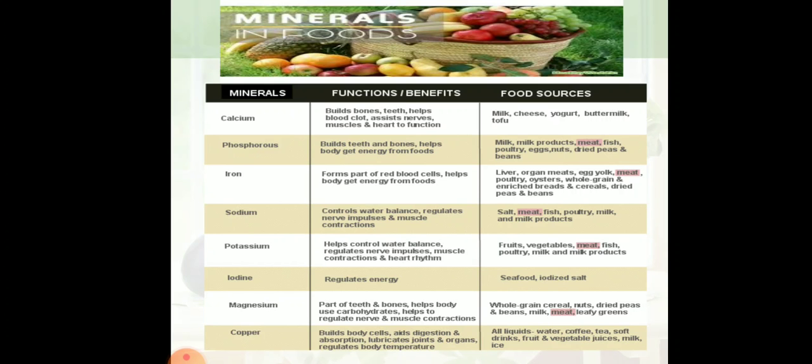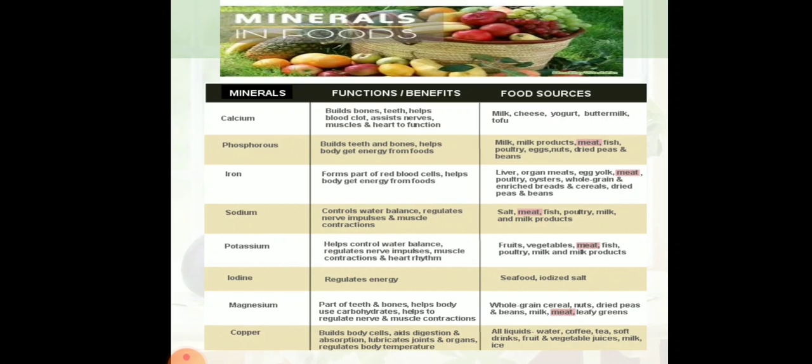Then the next is phosphorus. It is present in meat, fish and eggs, and it is used for building bones and teeth. Then the next is iron. It is obtained from liver, meat, green vegetables, and it helps in making blood in the body. The next is sodium, which is present in salt and green vegetables. It maintains water balance in the body.